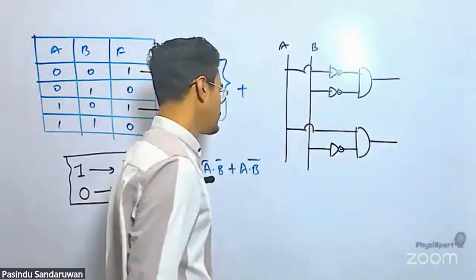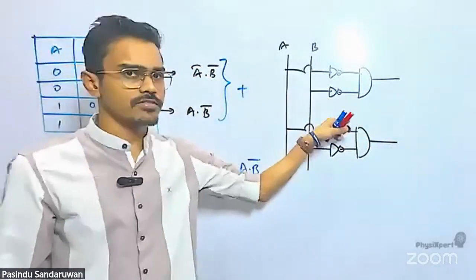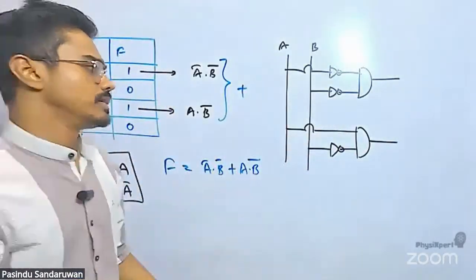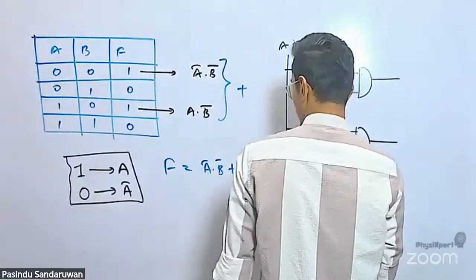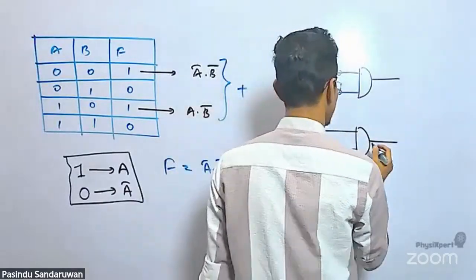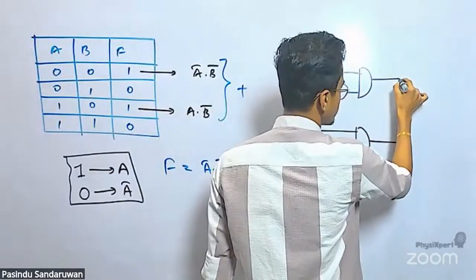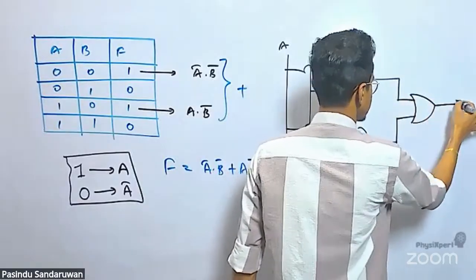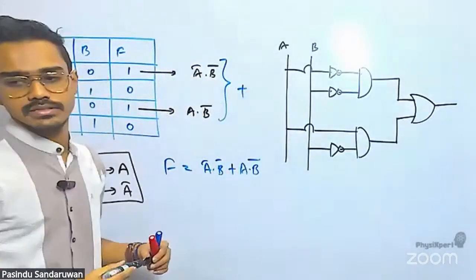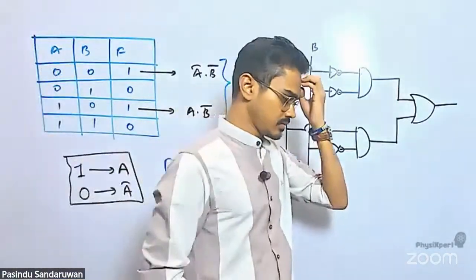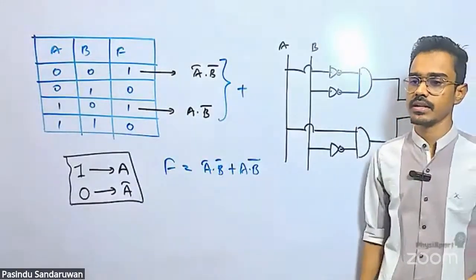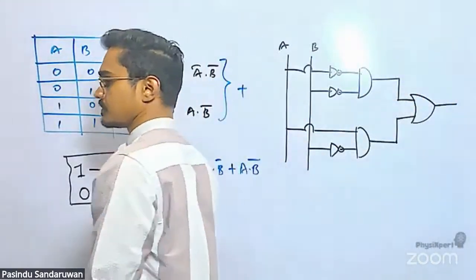That is A dot B bar. Even if you take B bar from here, that is just fine. Then the sum of these two. This is the final circuit.